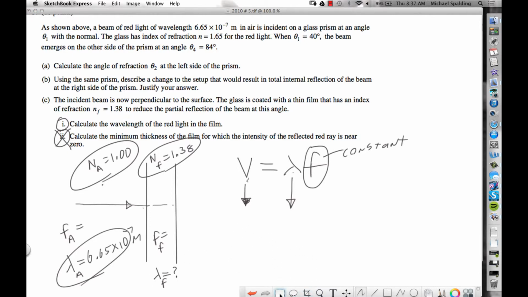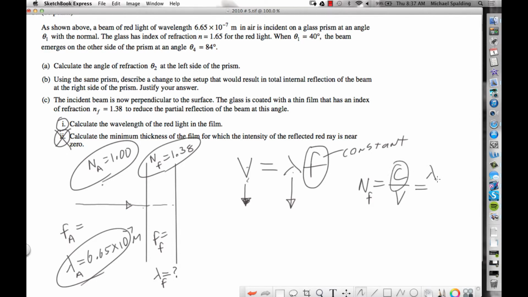So here are the equations. Velocity is wavelength times frequency. And then we also need the definition for index of refraction: N equals C over V. So the index of refraction for the film is going to be C over V. What's C?